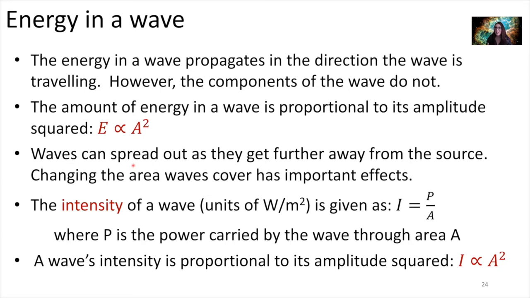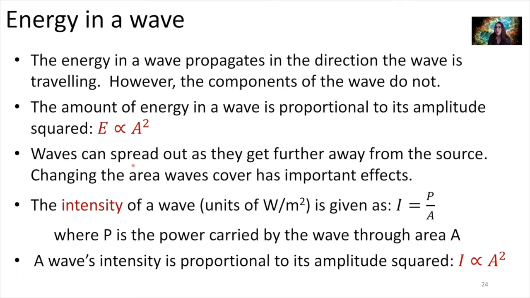So the intensity of the wave, when you're thinking about sound, is like the perceived loudness of that sound. Okay, for light, the intensity is like how bright does it appear, and that brightness or the loudness diminishes as you get further away from the source.